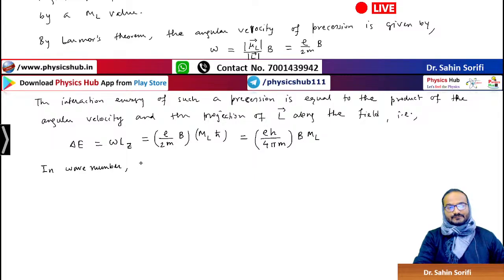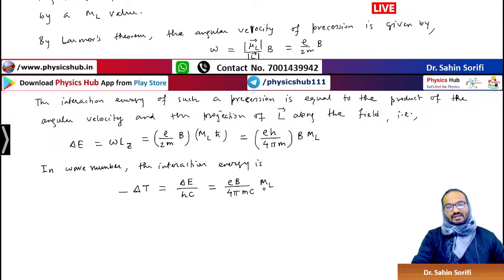In wave number, the interaction energy is minus delta T, which equals delta E by h. If you divide by h, you see h and h get cancelled, so you get eB by 4 pi mc times ml.